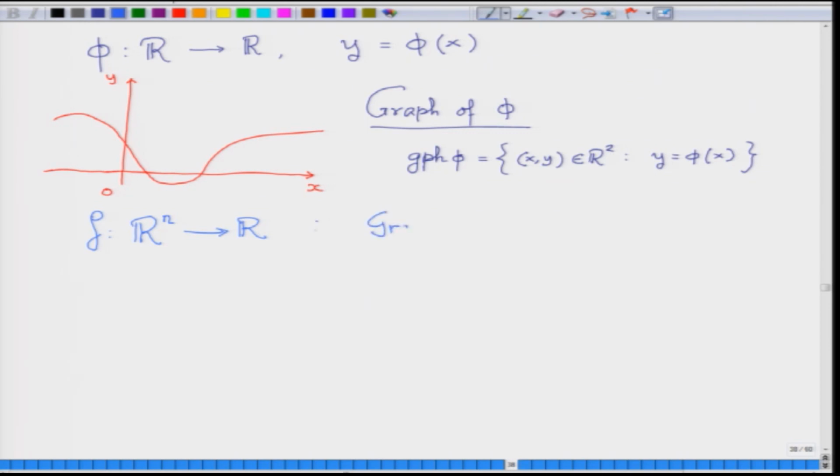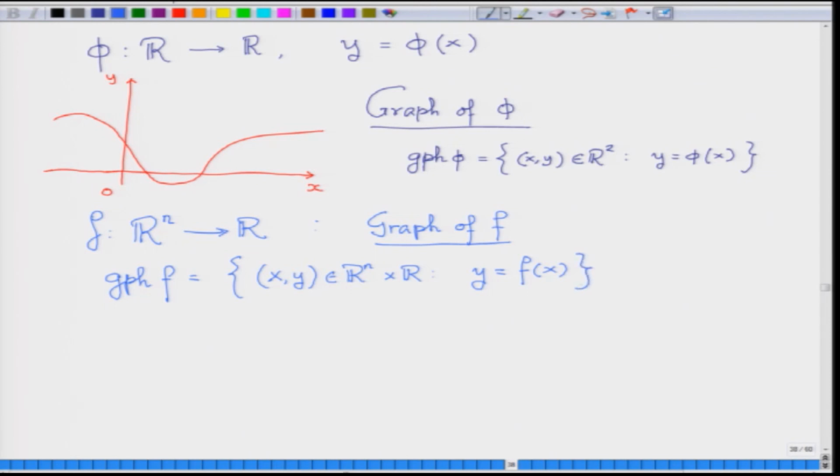So, how do I speak about graph of f? So, graph of f is equal to the collection of elements x and y, where x belongs to Rn and y belongs to R, that is (x, y) belongs to R^(n+1), such that y is a function of x.